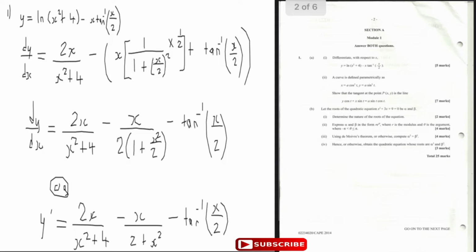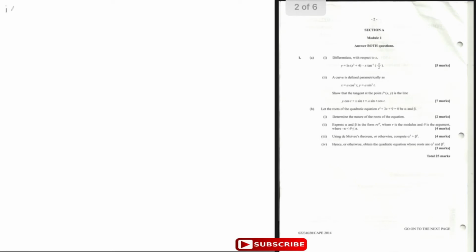Now let's look at part 2. So for part 2, it is saying a curve is defined parametrically as x is equal to a cos cubed t and y is equal to a sine cubed t.